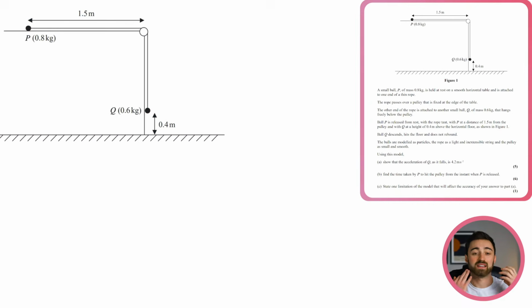Get the diagram up, get the forces on it. So let's look at Q. We know we're going to have a weight going downwards, which is going to be mg, so 0.6g. We're going to have a tension going up, and it's going to go through the rope. That same tension is going to be going this way, because it's obviously pulling P that way. There's actually no friction here because it's a smooth table.